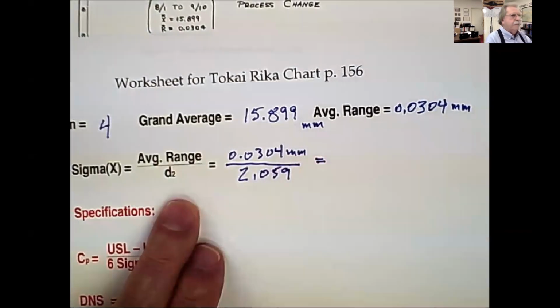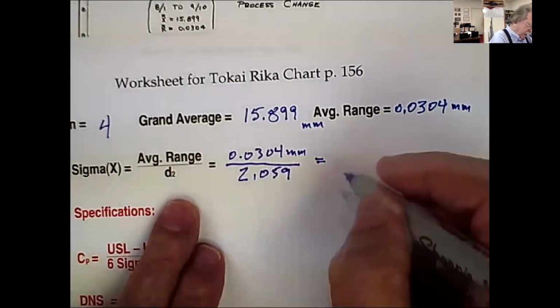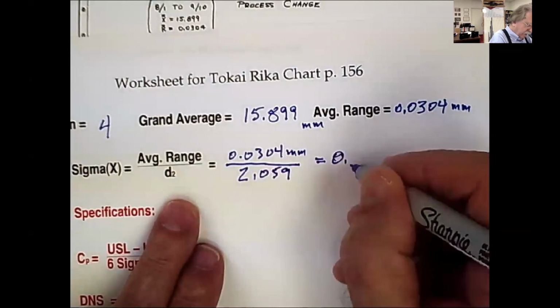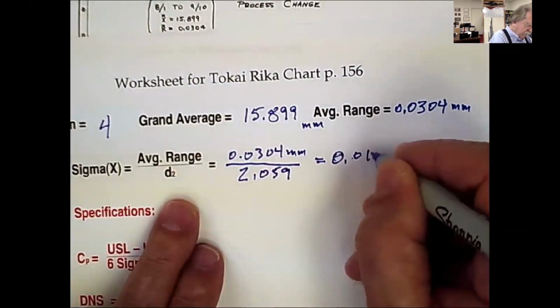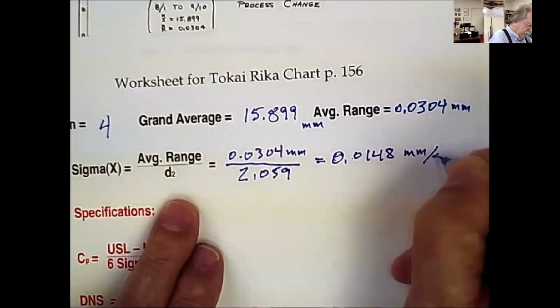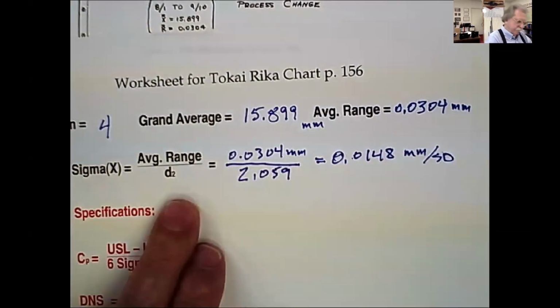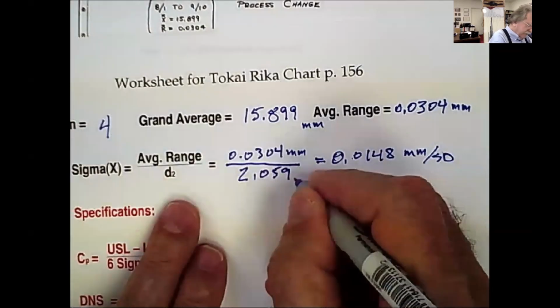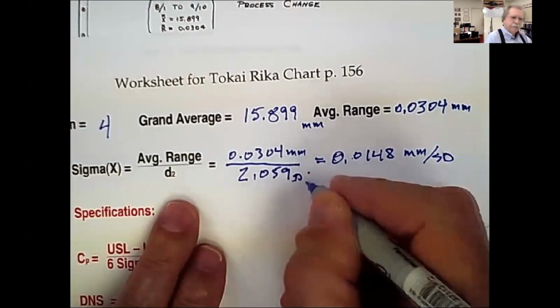You can check that. And so I get a 0.0148 millimeters per standard deviation. The 2.059 is in standard deviation units.